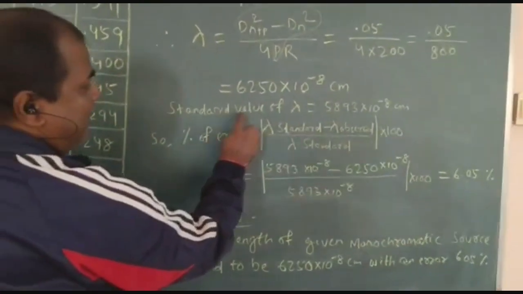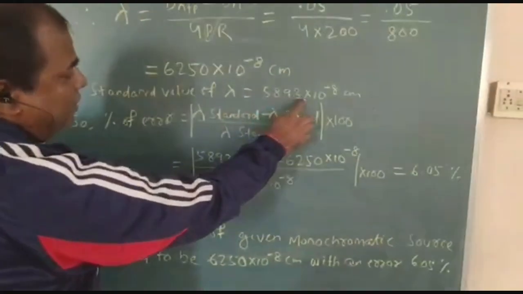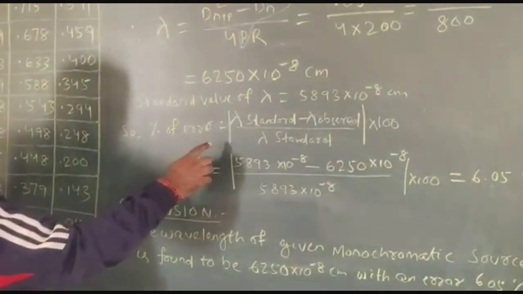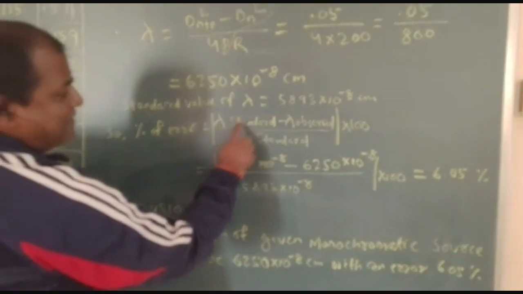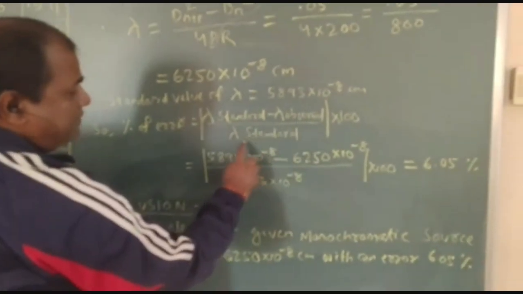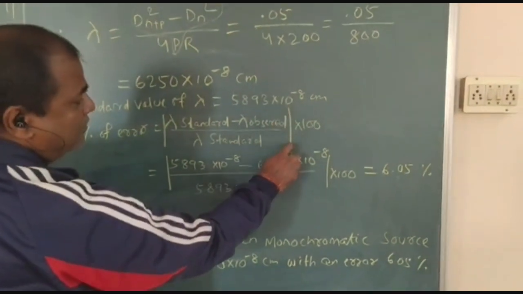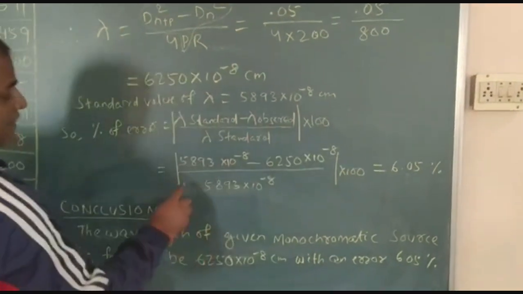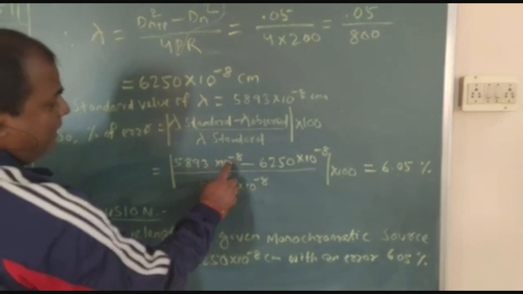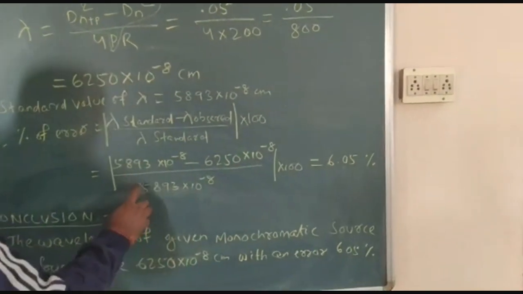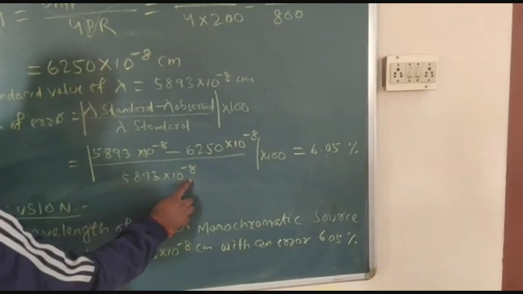But the standard value of lambda is 5893 into 10 to the power minus 8 centimeter. So the percentage of error is lambda standard minus lambda observed divided by lambda standard, take the mod of this, then into 100. That is 5893 into 10 to the power minus 8 minus 6250 into 10 to the power minus 8 divided by 5893 into 10 to the power minus 8.